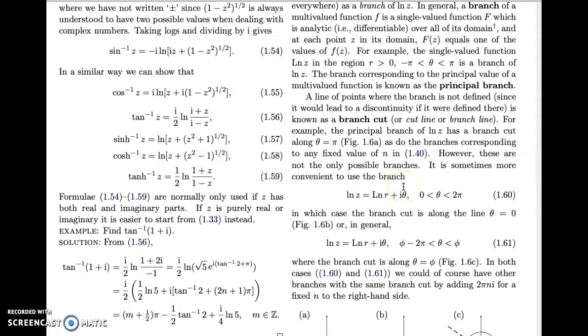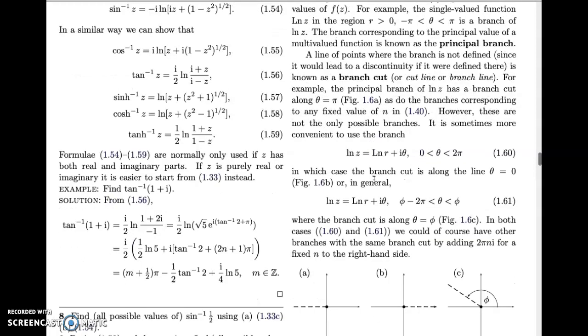But we're not actually forced to choose the branch cut along theta equals pi. We can choose a branch cut to be along any angle we like. So we could choose to have the branch along a particular angle theta.